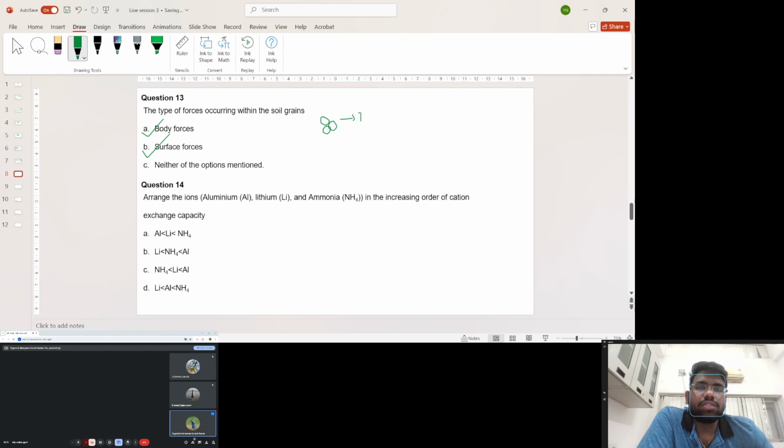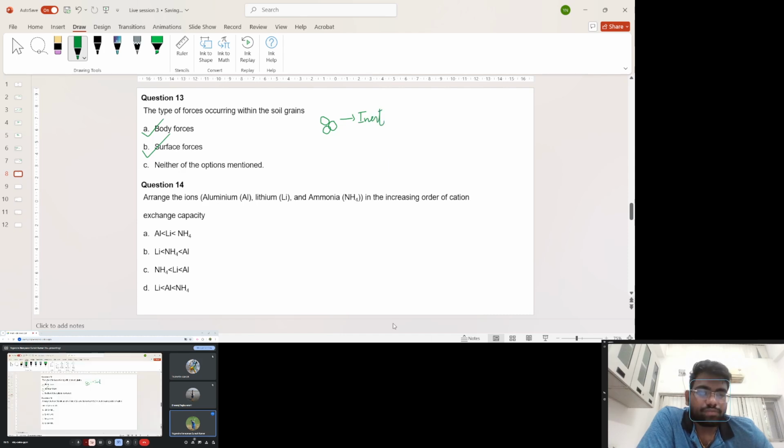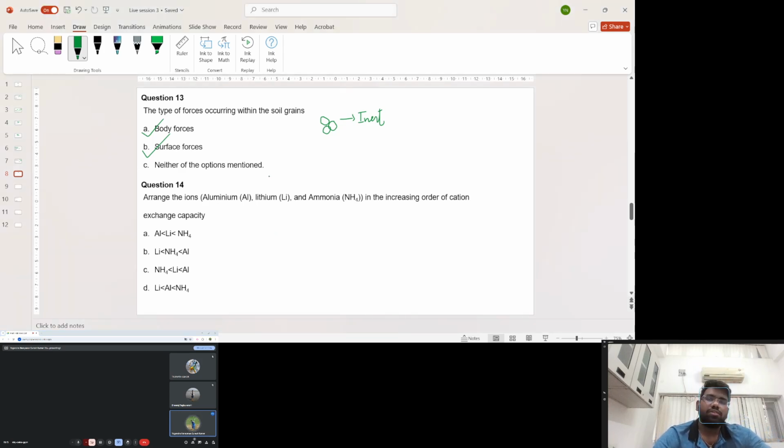They are stable, right or wrong? If you take sands, gravels, they don't have any surface charges, right? So their behavior is predominantly governed by body forces, coarse grain soils.